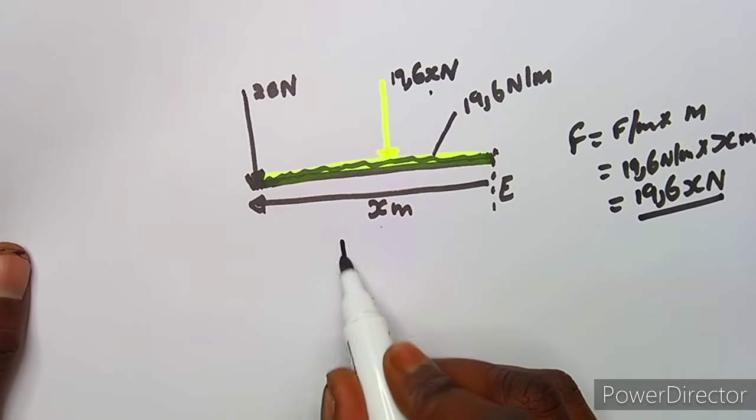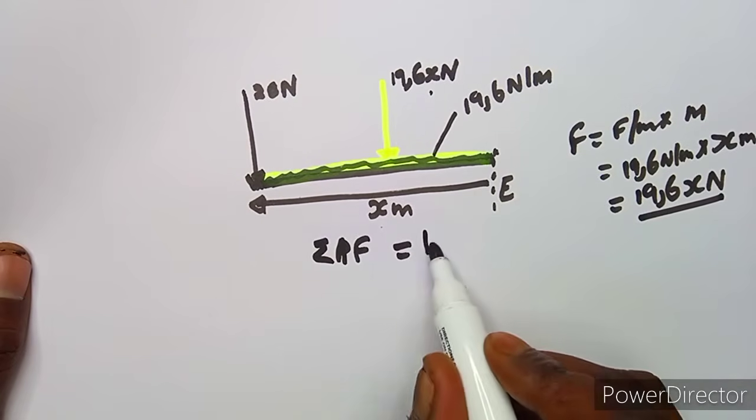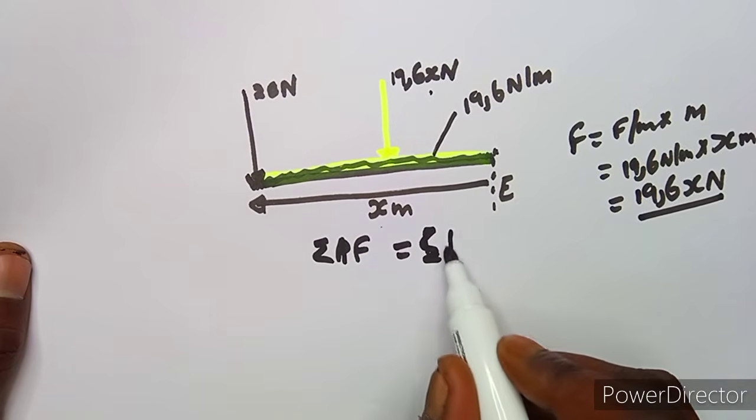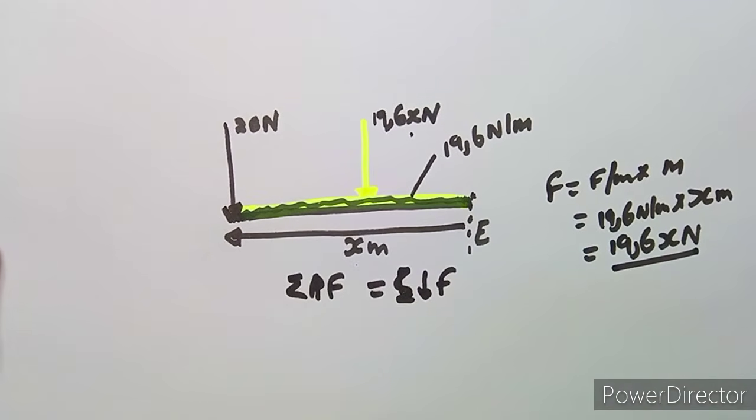Why? Because we know that the sum of upward forces is equal to the sum of what? Of the downward forces. All right, that's what we know. If we are working with upward forces, they're equal to the downward.